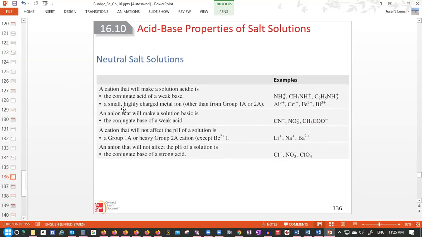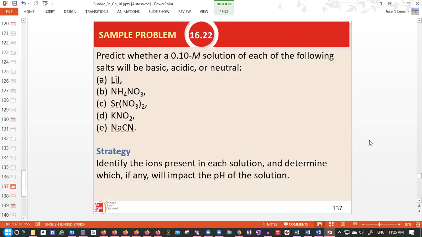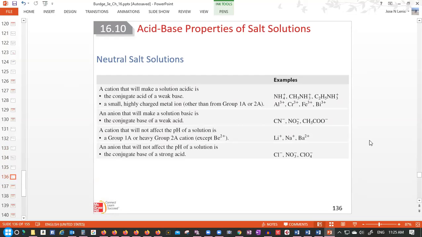So if you go through this table, we'll summarize, we'll show what we just said and we just did, including the samples. I prefer to do the critical thinking every time we have a salt instead of memorizing. Some people prefer to memorize this to identify the ions, the cations or the anions.